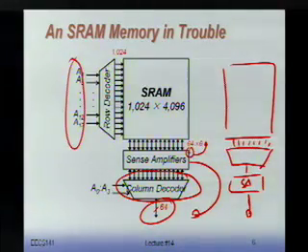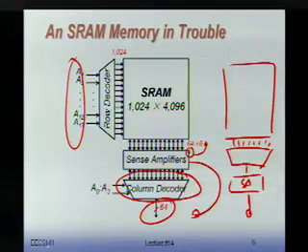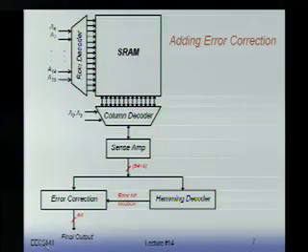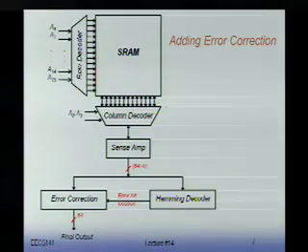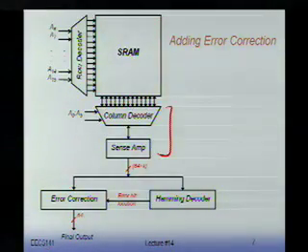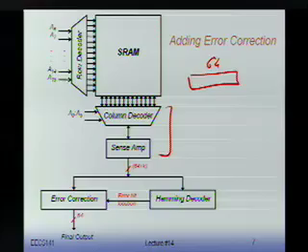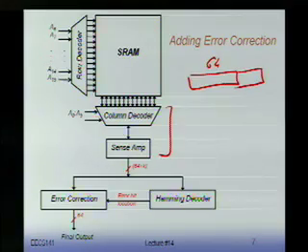But this is error-prone. Behind this is actually drawn correctly. What we're going to do is take a 64-bit word. What error correction does is, in order to make sure that errors don't happen or that we can correct errors, we add some redundancy.